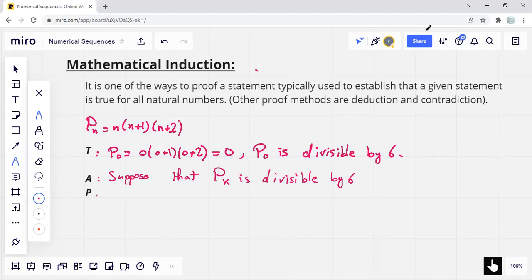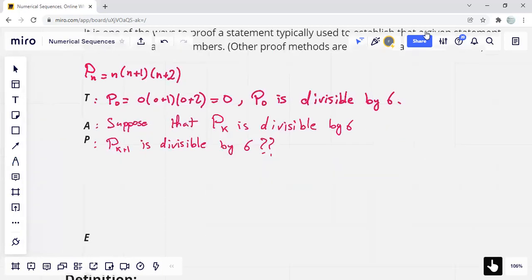We want to prove that Pk plus 1 is divisible by 6. Okay, we want to see if this statement is true or not. So let's start. We know that Pk plus 1 is equal to k plus 1.